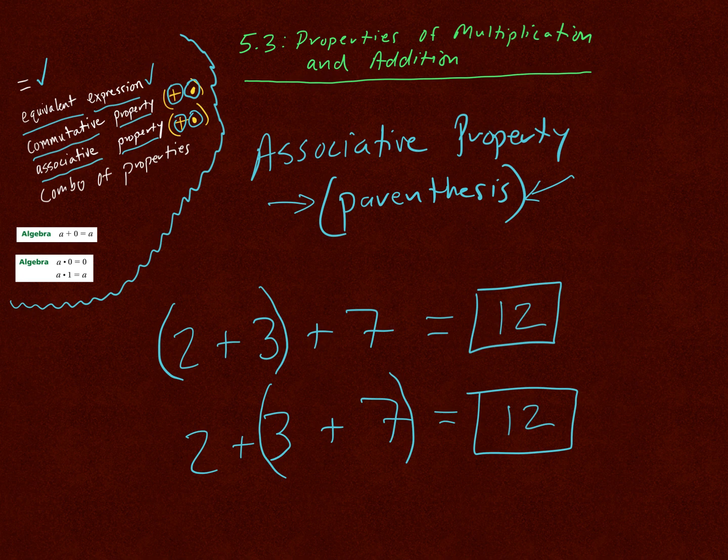Okay, and it's the same with multiplication. If I change these to multiplication, let's grab the pen. 2 times 3 and then all of that times 7, 3 times 7, all of that times 2.